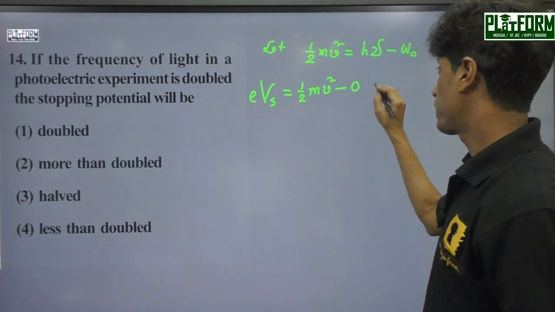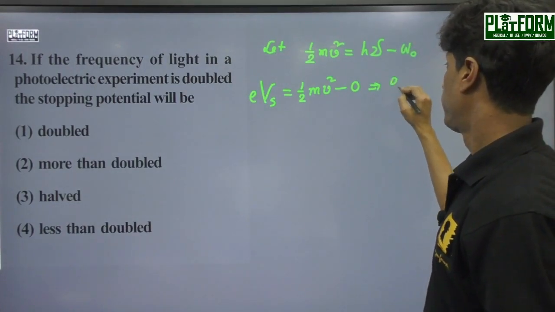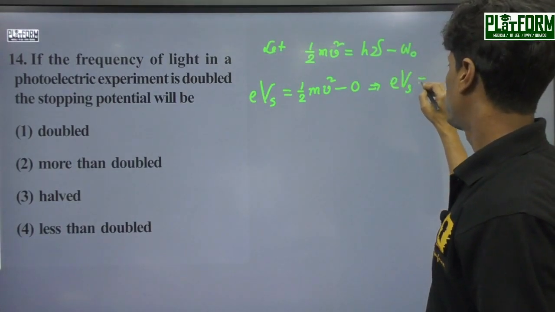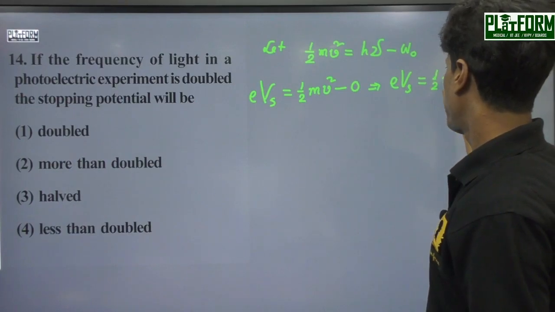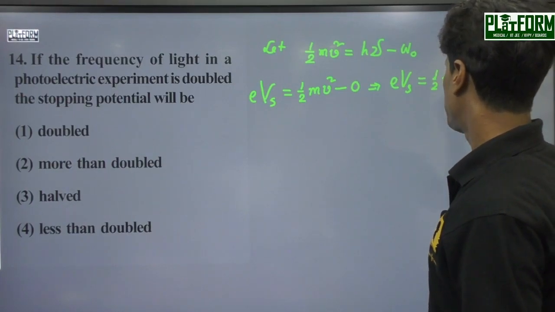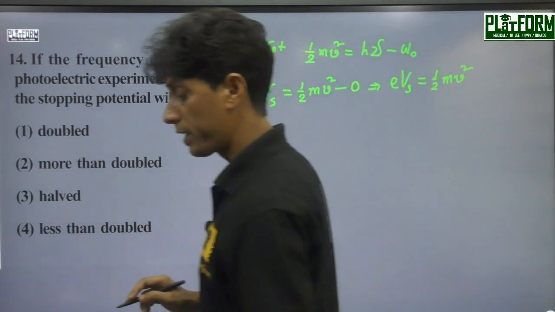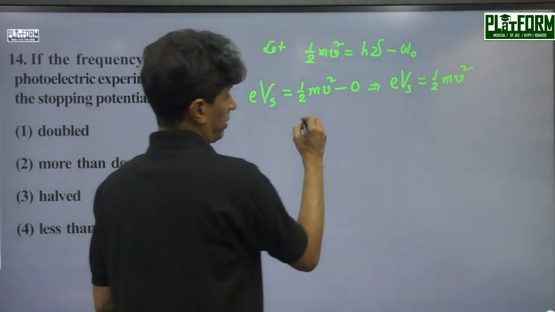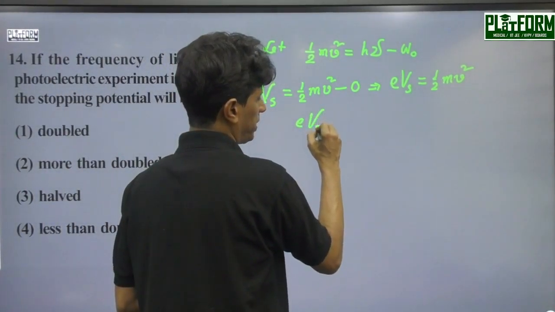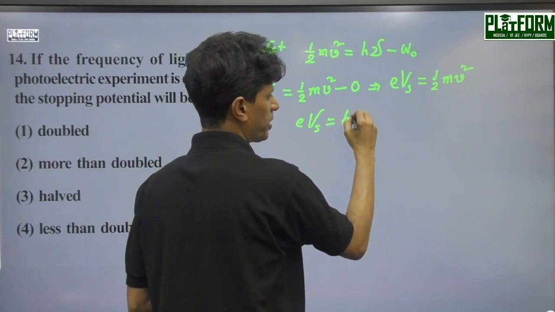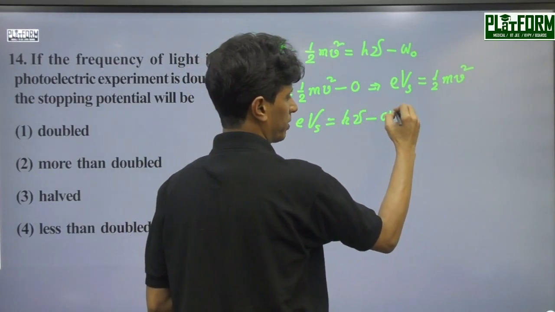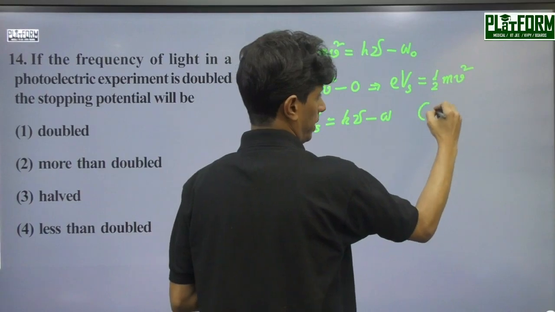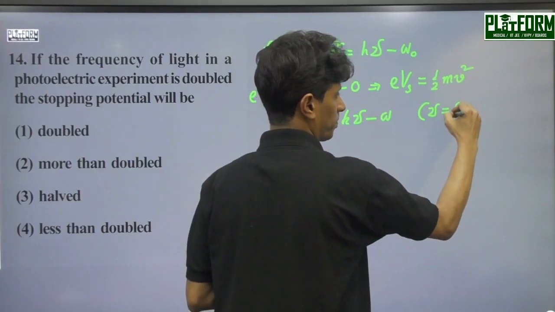So simply we can say eVs equals half mv square, that is the maximum kinetic energy of the electron. This equation: eVs equals h nu minus work function. Here nu is the frequency.